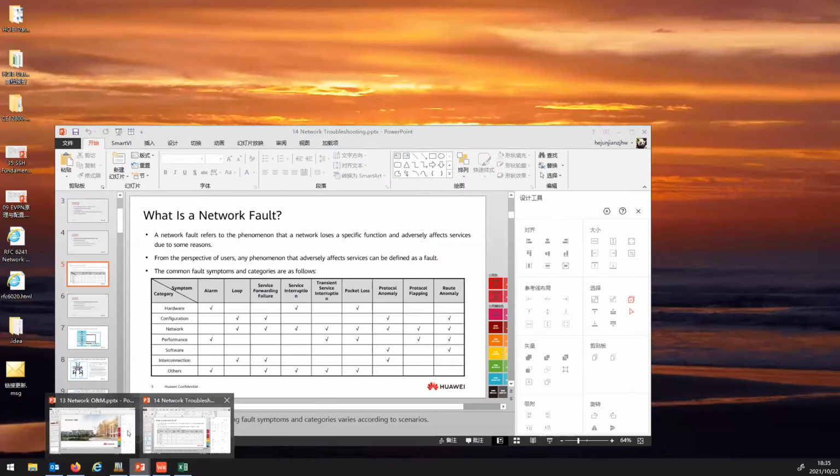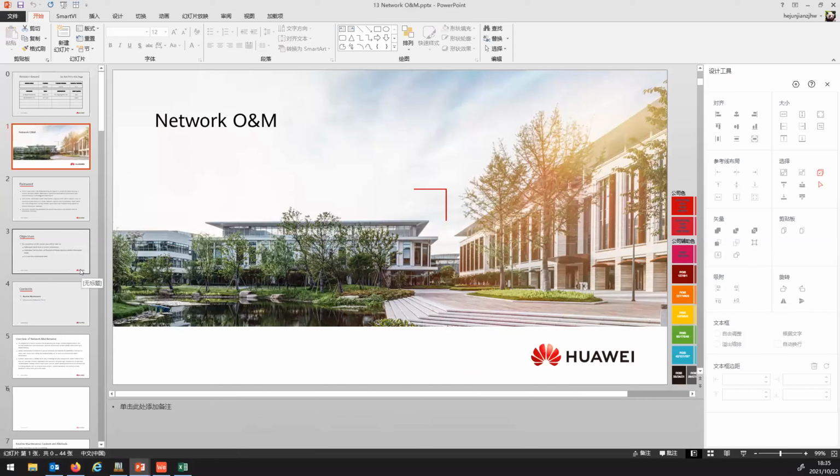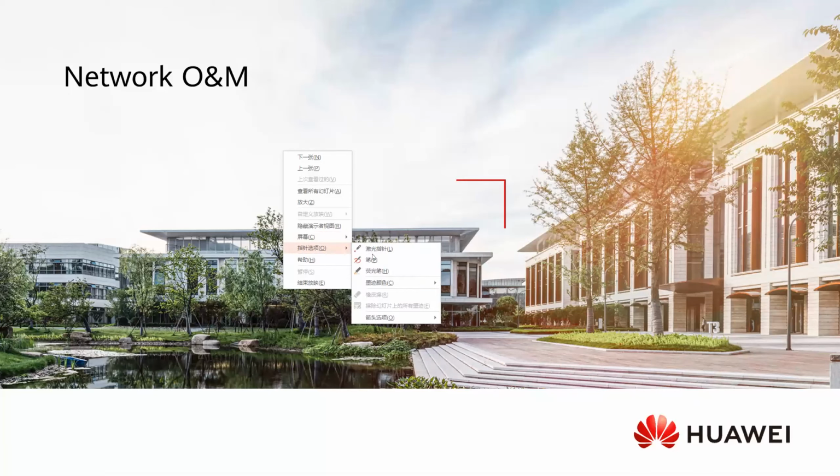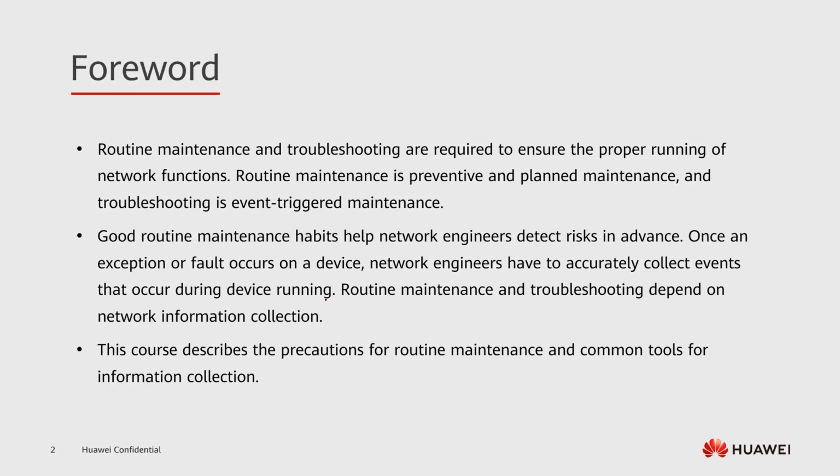Okay, so let's first learn network O&M. Routine maintenance and troubleshooting are required to ensure the proper running of network functions.